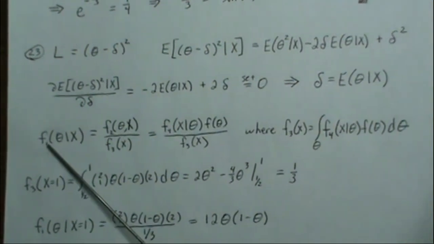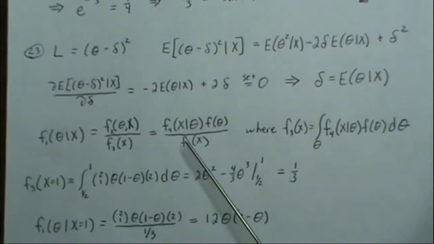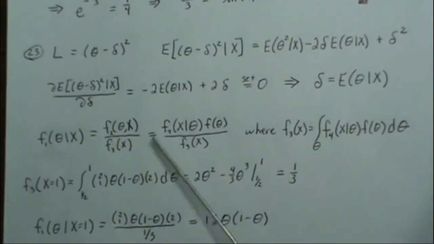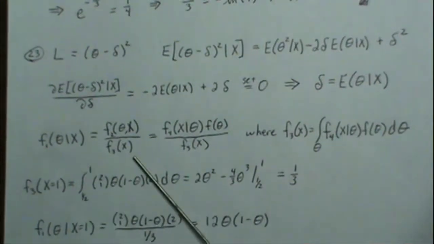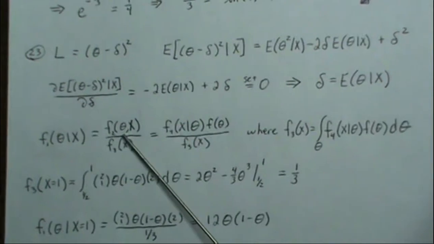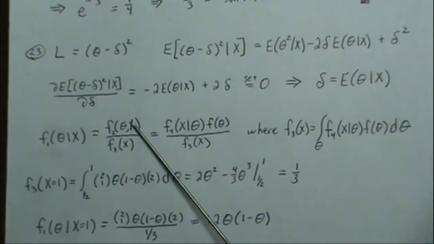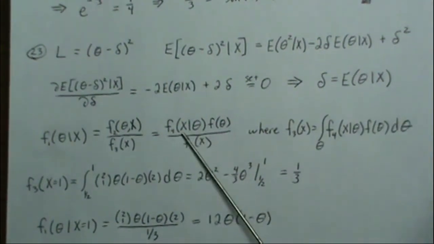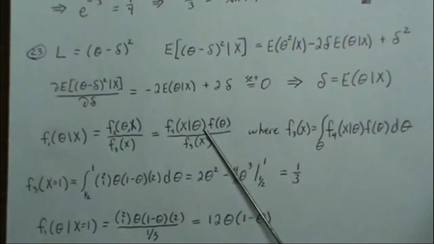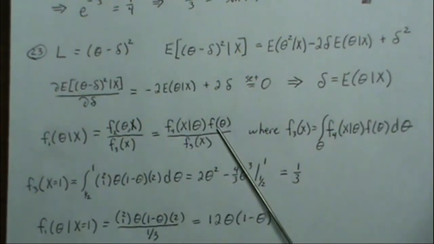And initially I just put f, f, f, f, f, but really they're different f's. So then I put subscripts 1, 2, 3, and 4 to illustrate they're technically different functions. Well, then this joint can be rewritten as f4 of x given theta times the prior of theta.